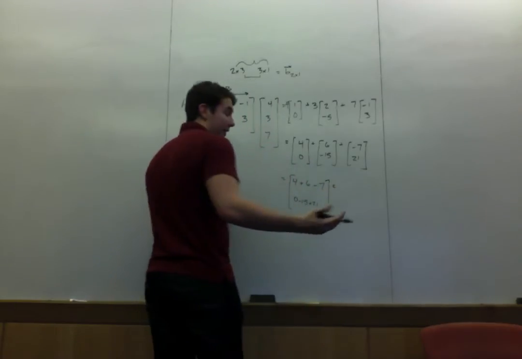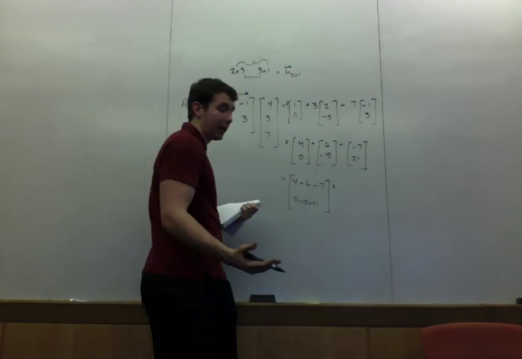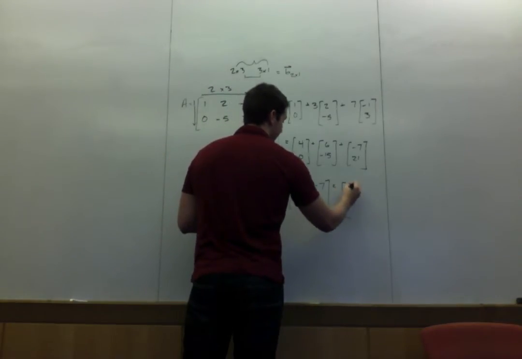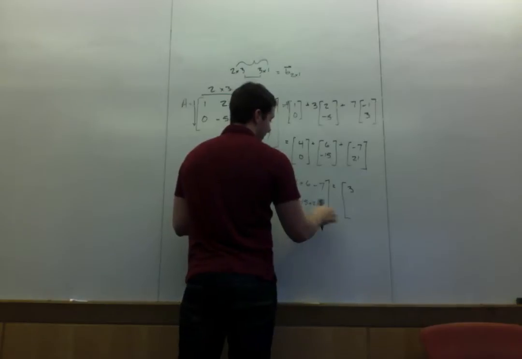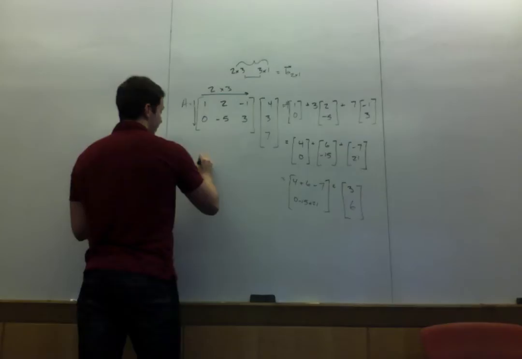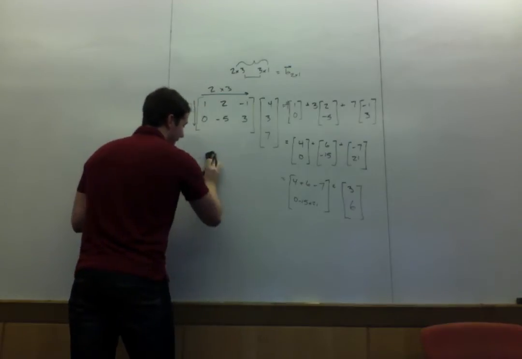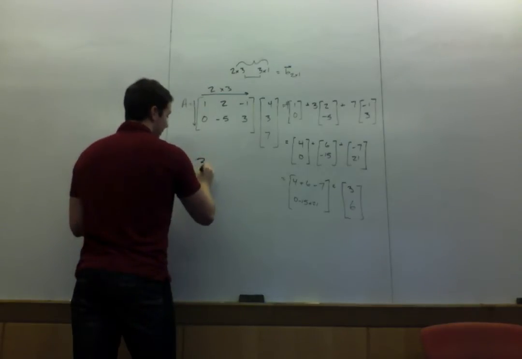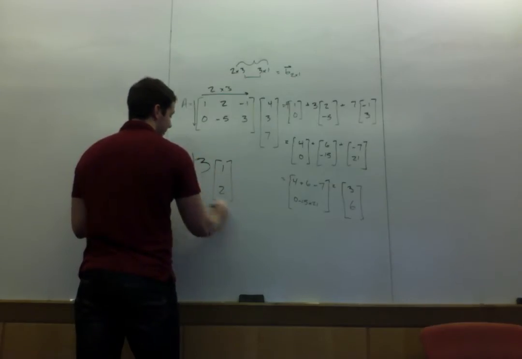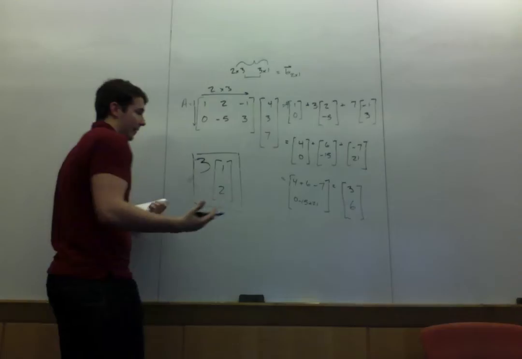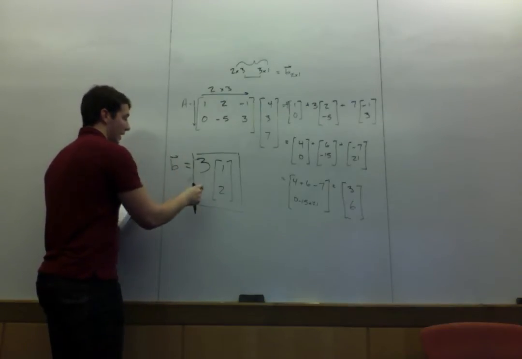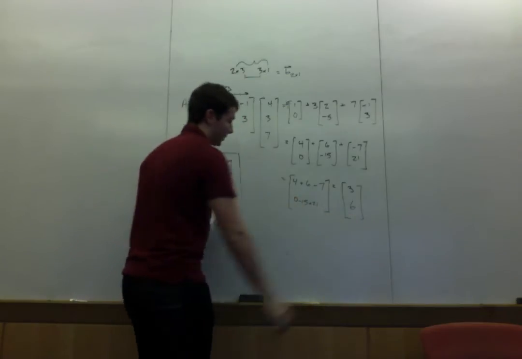And our answer is indeed a 2 by 1 vector. We have 10 minus 7, which is 3. We have negative 15 plus 21, which is 6. So we could rewrite this as 3 times the vector (1, 2), and this is our answer for B. Either this answer or this answer is correct.